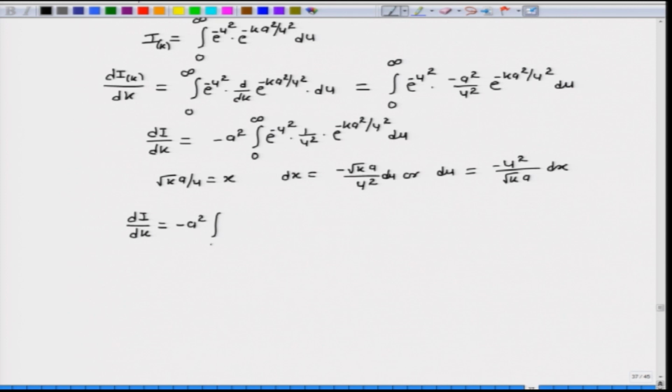So, these limits are reversed from infinity to 0, and e to power minus u square in this case will become e to power minus k a square by x square, times 1 over u square times e to power minus k a square by u square, from this substitution becomes e to power minus x square, and if we substitute for du, that will be minus u square by root k a dx.